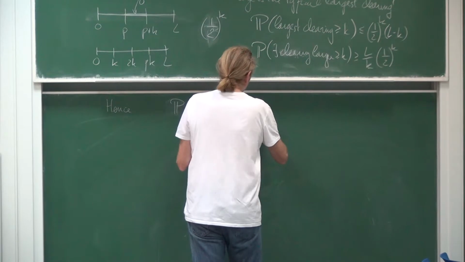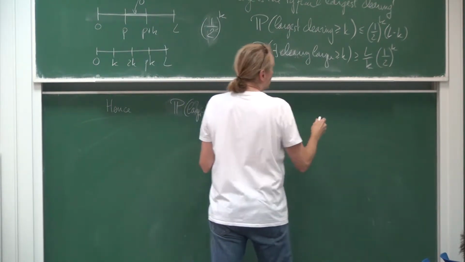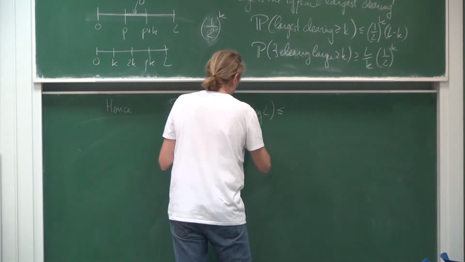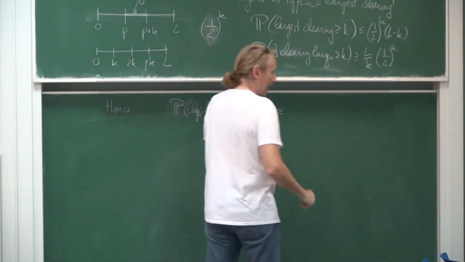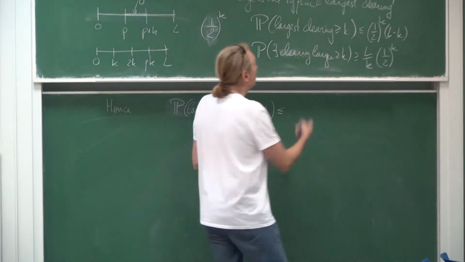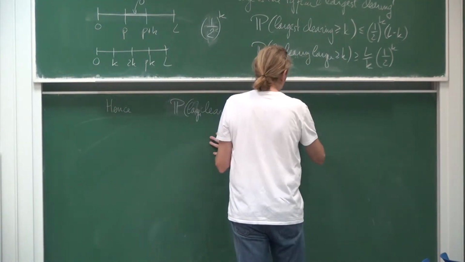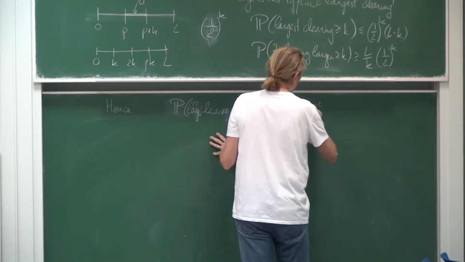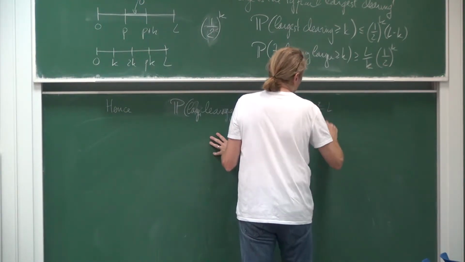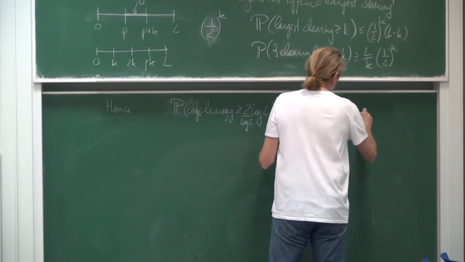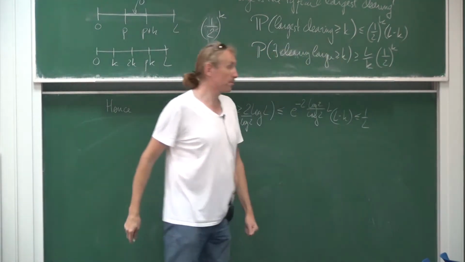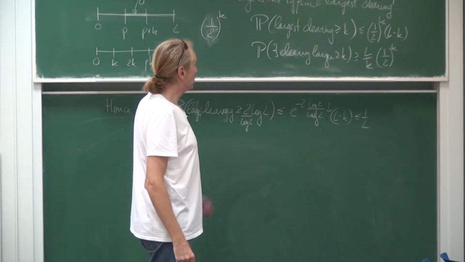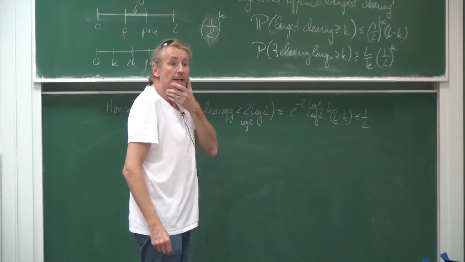Larger than 2 log L over log 2 is less than e to the minus 2 log L, times L minus K. So it's less than 1 over L. Right, it's less than 1 over L.